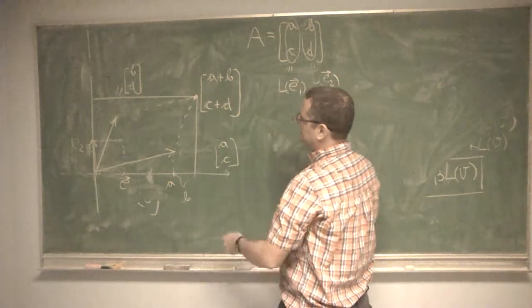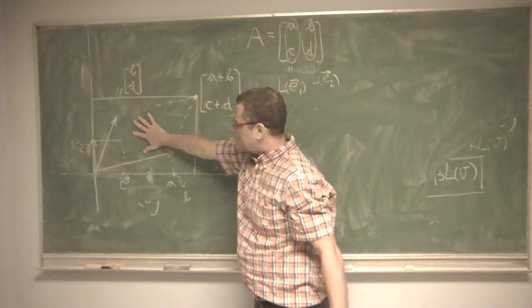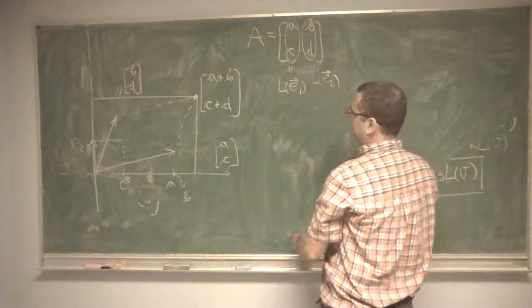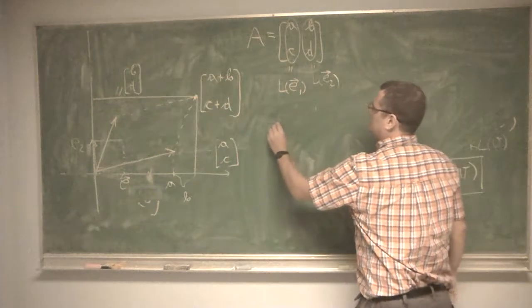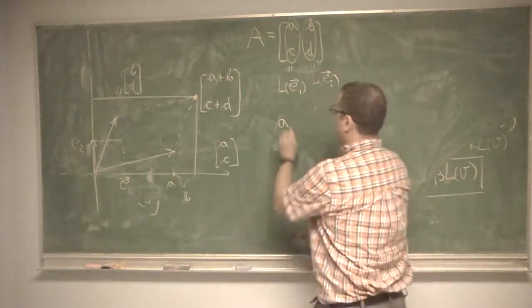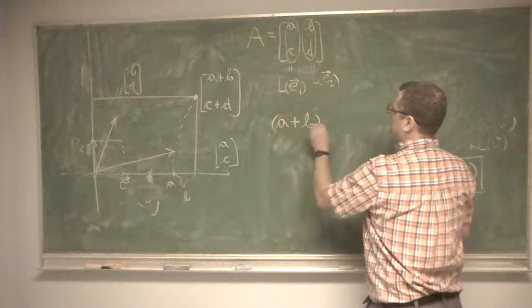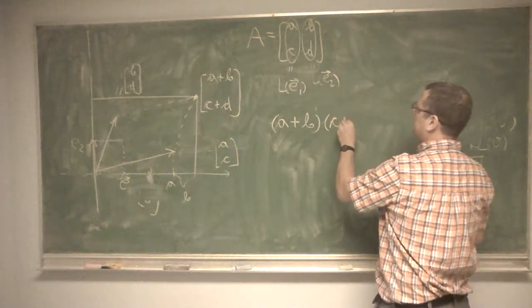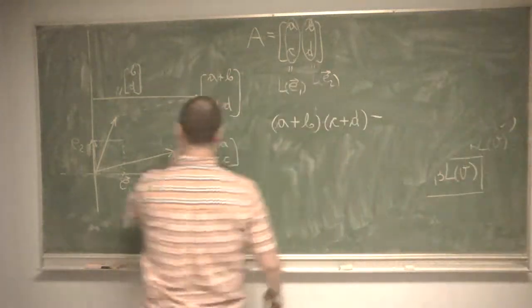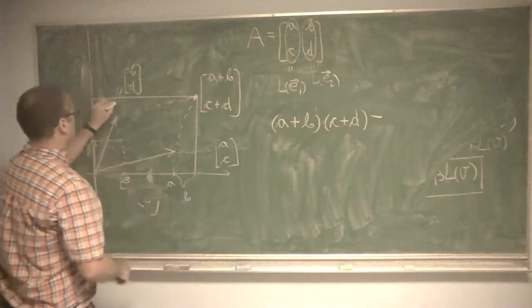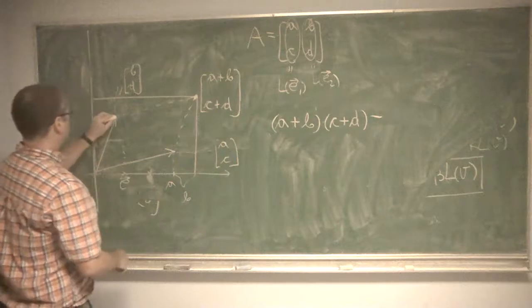All right, so I can express the area of this parallelogram as this big rectangle, which is A plus B times C plus D, and then minus all these pieces.